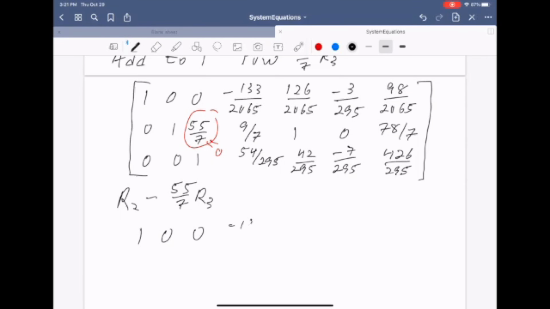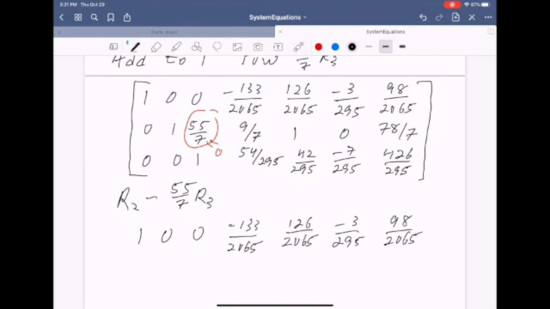minus 133 over 2065, 126 over 2065, minus 3 over 295, and 98 over 2065.